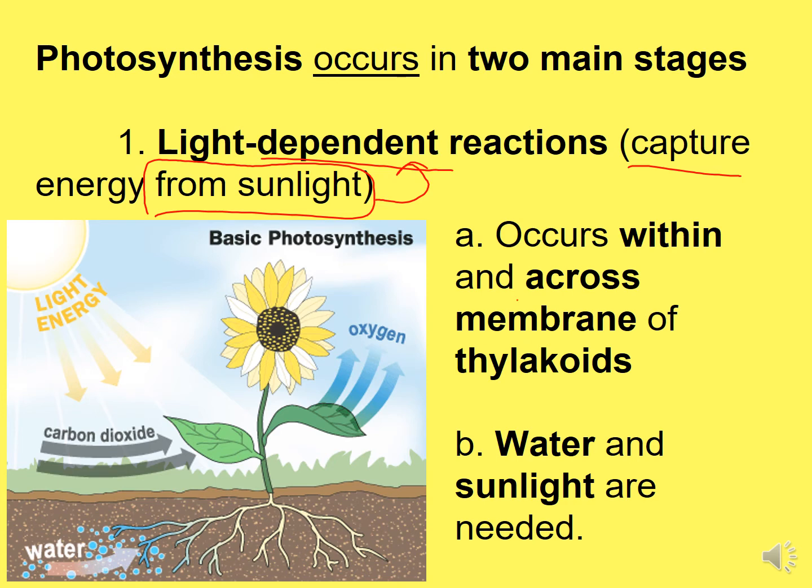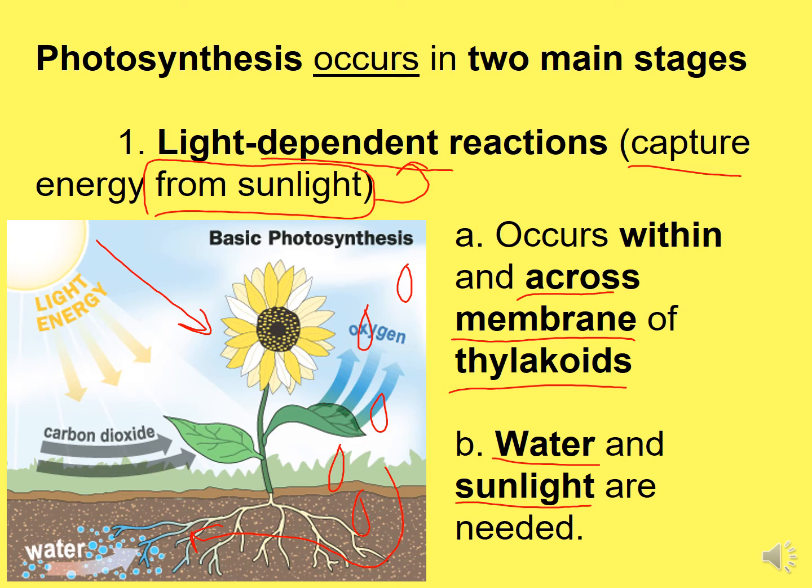This occurs across the membranes of thylakoids. What has to be needed here? Water and sunlight. So we need the light to hit the plant, and when the rain comes, the rain is absorbed inside the soil, and then the roots take up the water that is in the soil.